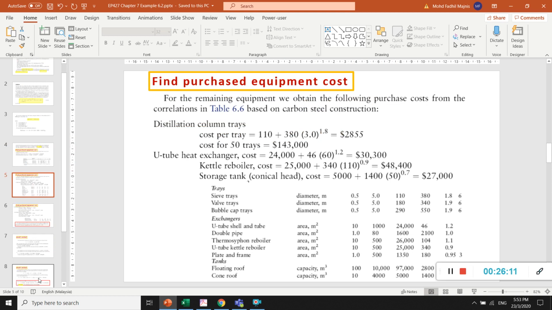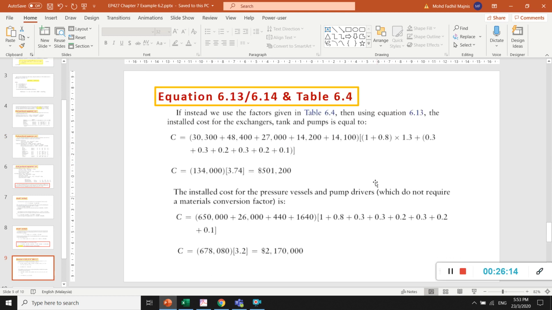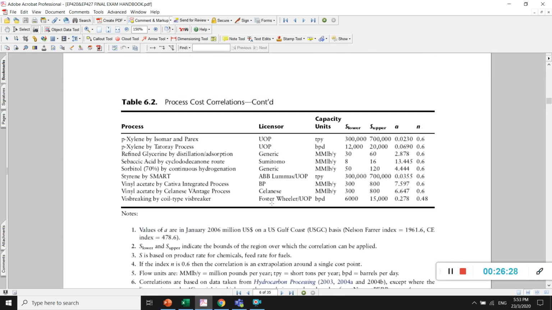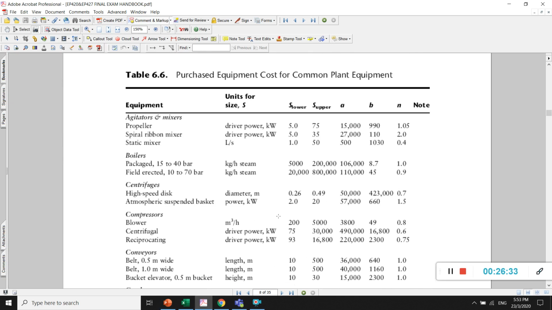So even though we are using this table 6.4, all of this purchase cost is already calculated using this table 6.6.